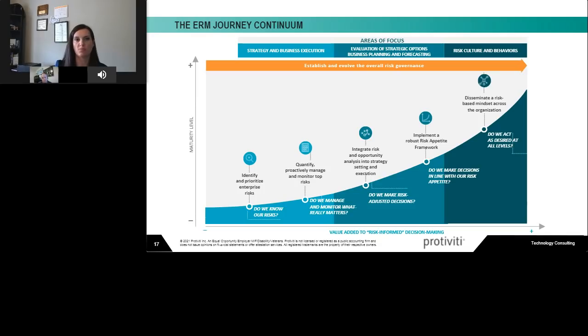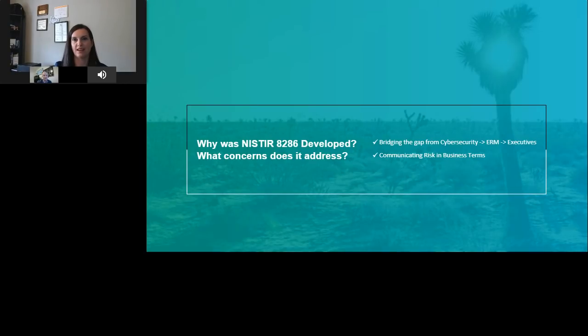Do they just want to prioritize and evaluate the enterprise risks? Or do they want to start using those risks when they are doing their strategy setting? And this is just an example of where you can be within the continuum and what it entails. So with that, I will turn it over to George to go into some more depth on this.